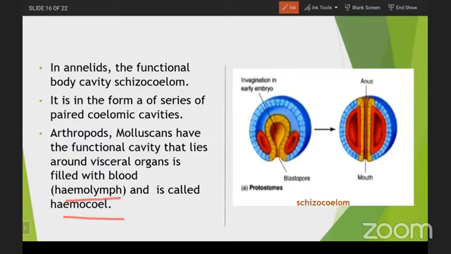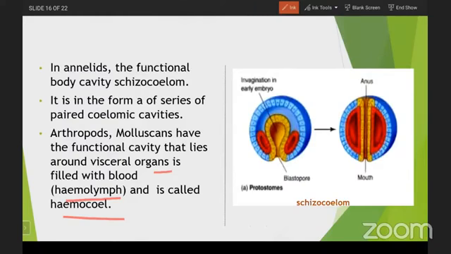In annelids, the functional body cavity is the schizocoelom, because in annelids we observe paired pouches which are filled with coelomic fluid, or just look like paired cavities. That is the reason we call it the functional body cavity, schizocoelom. But in arthropods and molluscans, the functional cavities lie around the visceral organs, meaning the inner organs, with blood.